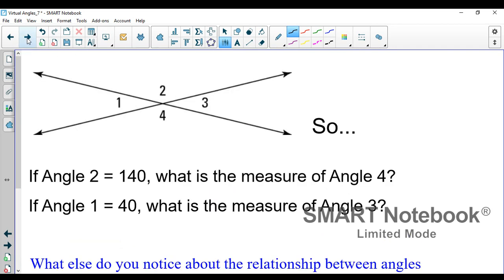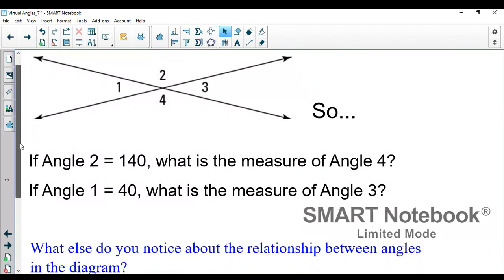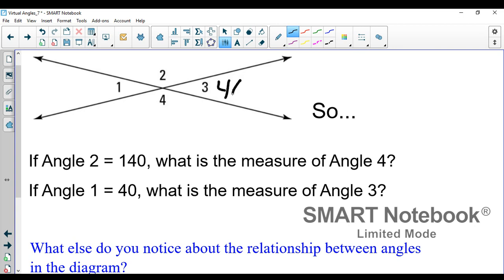So, same kind of diagram here. If we say that angle 2 is 140 degrees, then angle 4 must also be 140 degrees because they are congruent to each other. If we tell you that angle 1 is worth 40, then angle 3 is also worth 40. And that relationship there is important because no matter how you look at this, we have supplementary angles.